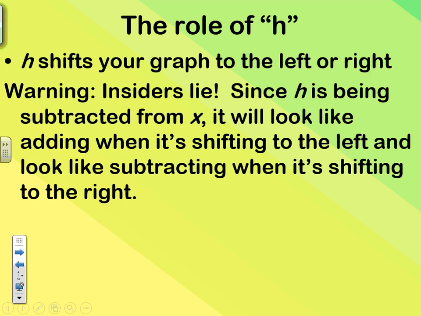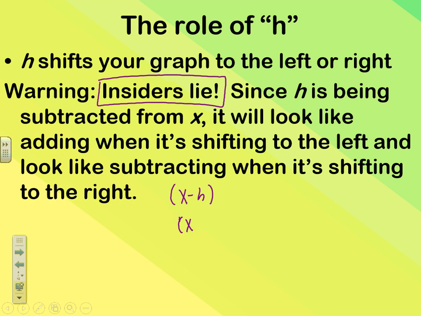So here, this is kind of where it's explaining it a little bit more. Insiders lie. There's actually stuff that we do inside of the parentheses that behaves counterintuitive to what we think it would be. So inside of the parentheses, it says x minus h. Let's say for instance, it says x minus 5. Well, insiders lie.